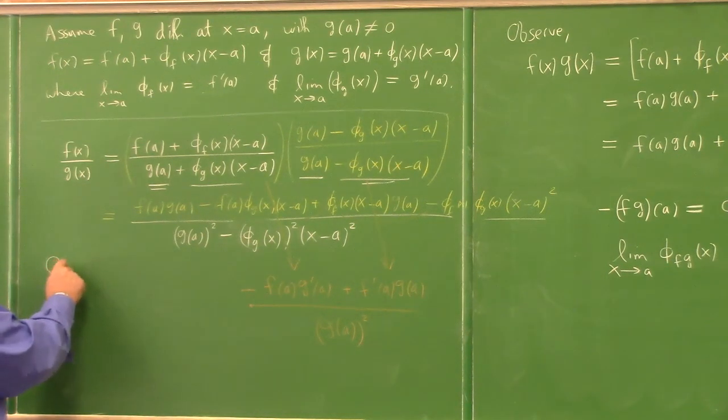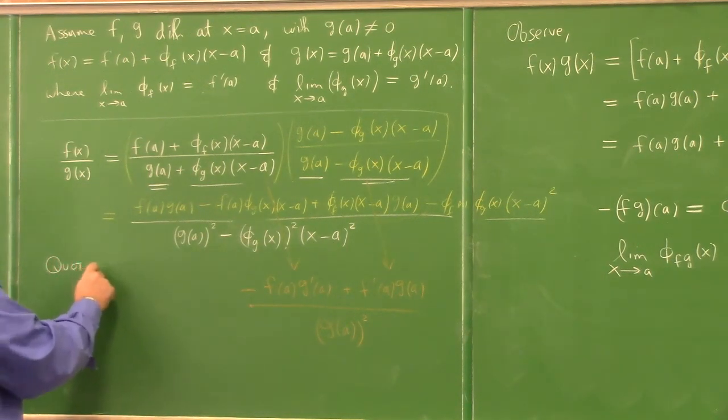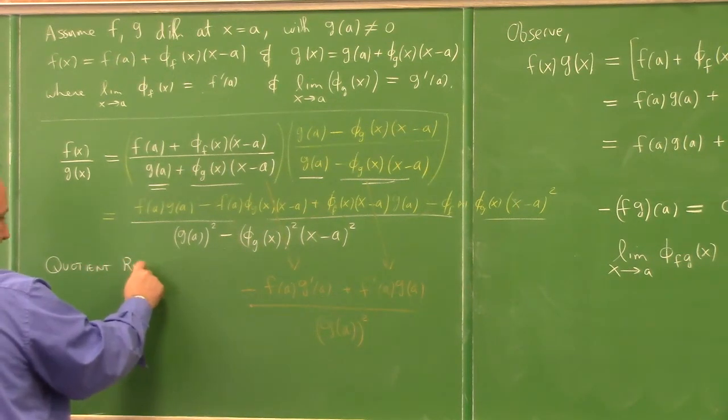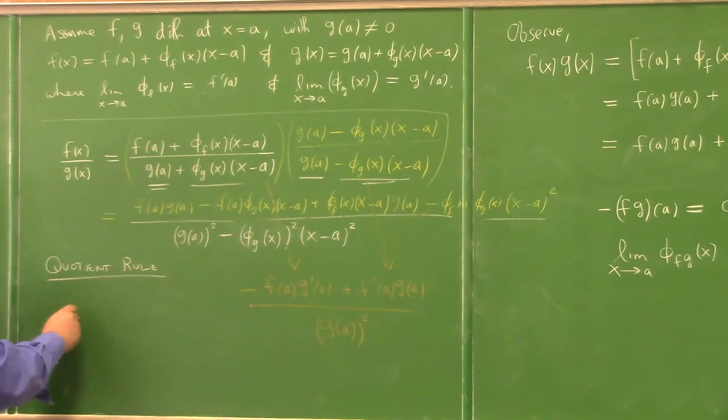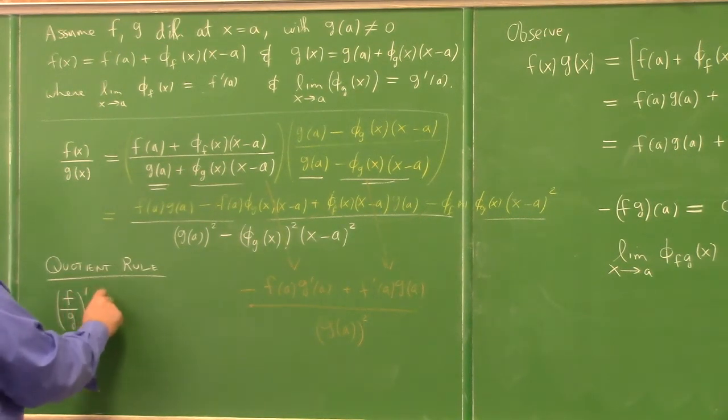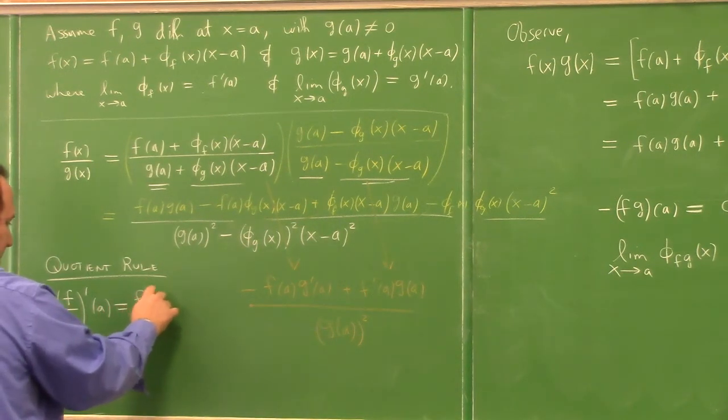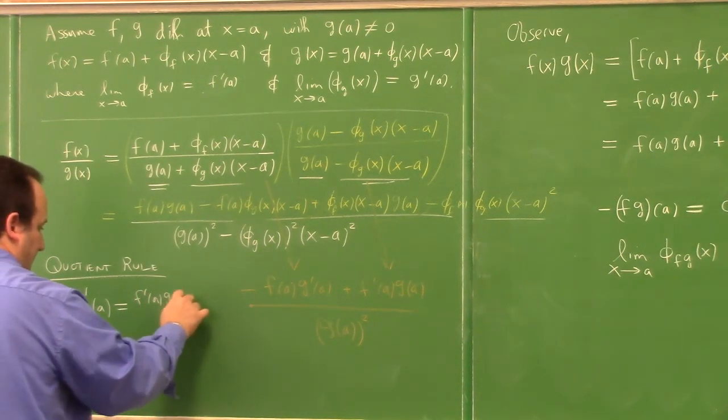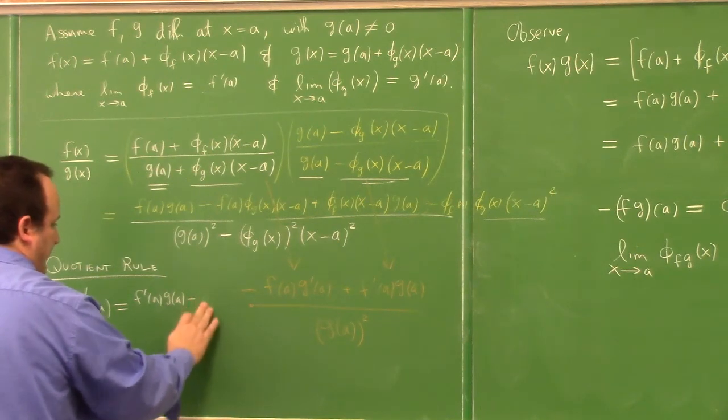Quotient rule. So here it is. In prime notation, it looks like the following. f over g prime of a is f prime of a g of a minus f of a g prime of a.